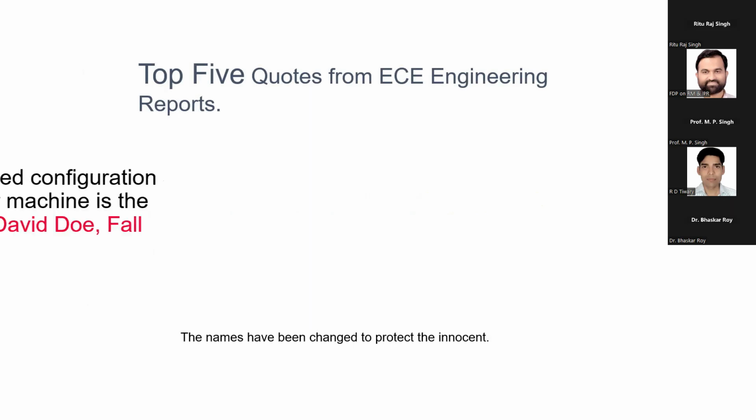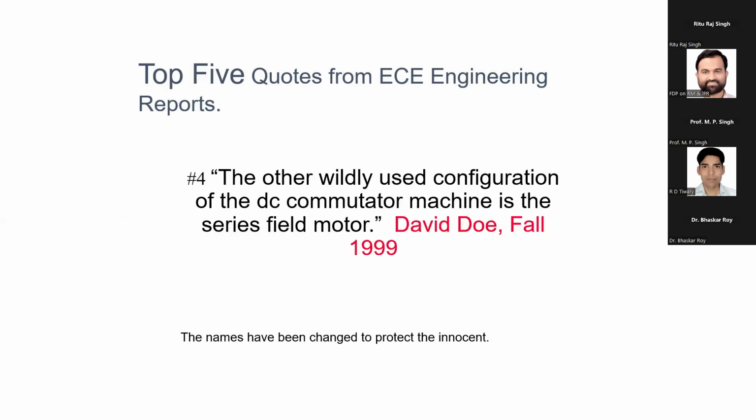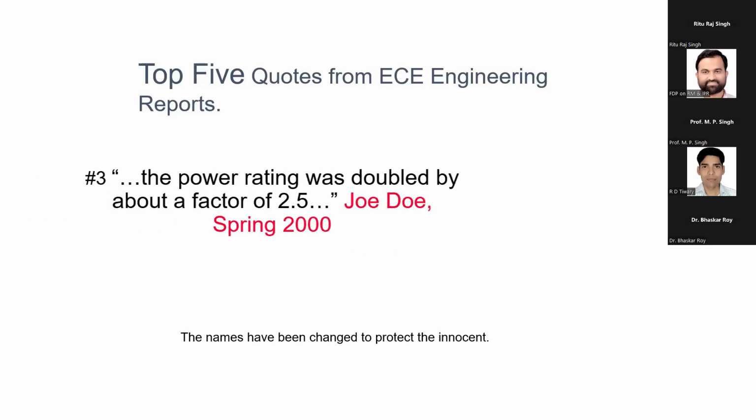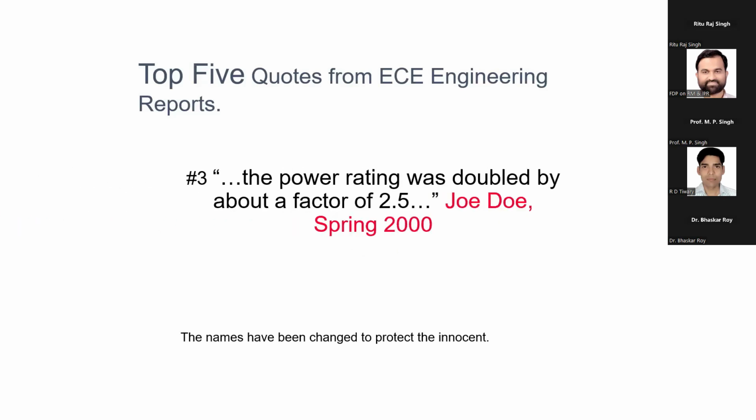Another example: the other widely used configuration of the DC commutator machine is the series field motor. This can be written in a much better way. One more, just read this: the power rating was doubled by about a factor of 2.5. It's not a joke. People are doing this.